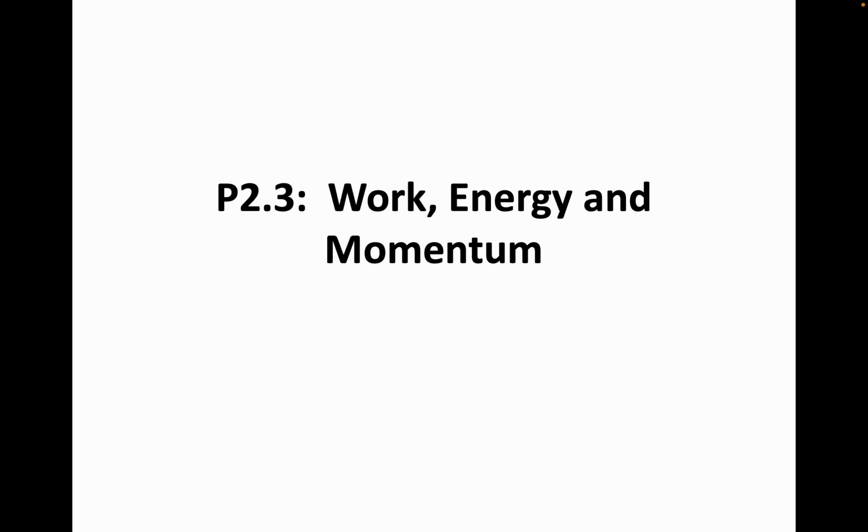Okay, so the next thing that we studied when we did forces in year 10 was that as well as having work and energy, a moving object also has momentum. Please ignore the reference P2.3. It's, I think, from AQA, that syllabus number. So for Edexcel, it's a combination of units 1 and 4. 1 and 4 is work, energy, and momentum.